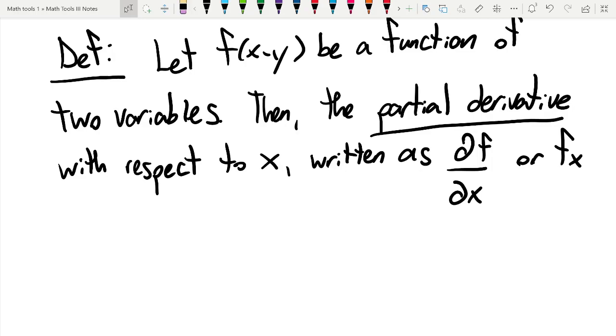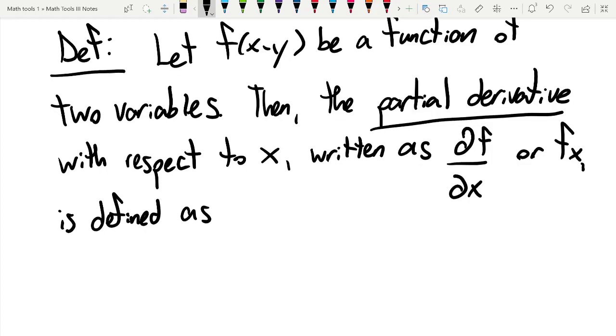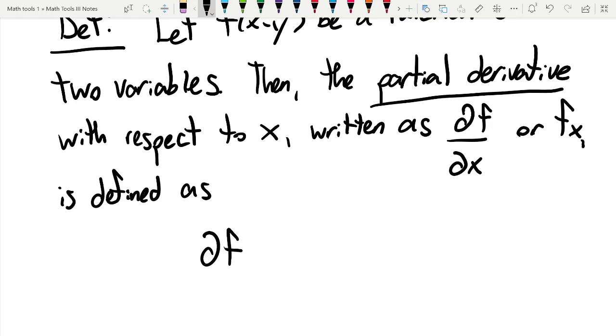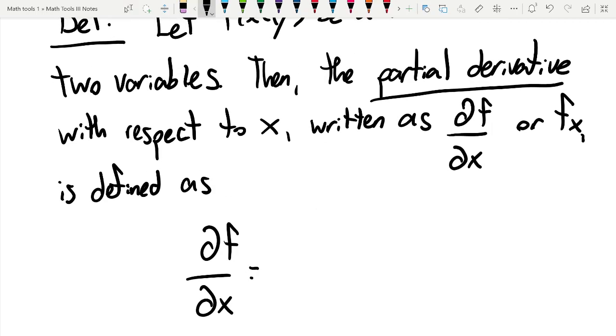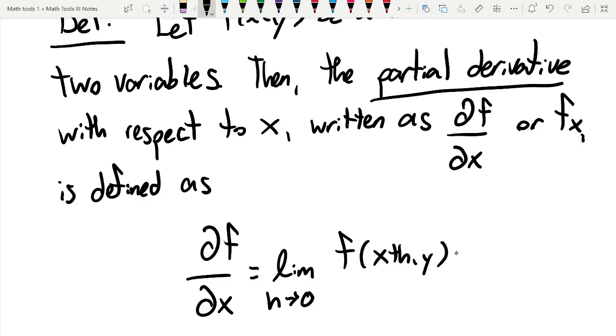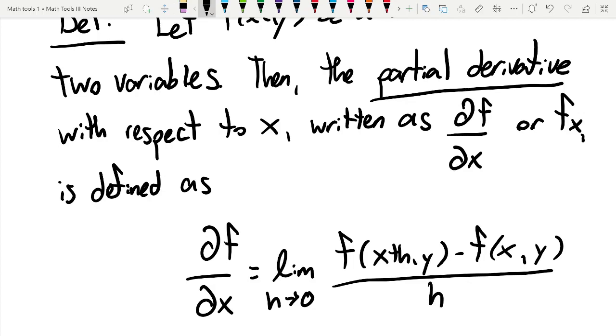So this is defined as, we have partial f partial x is equal to the limit as h approaches 0 of f of x plus h comma y minus f of x comma y over h.